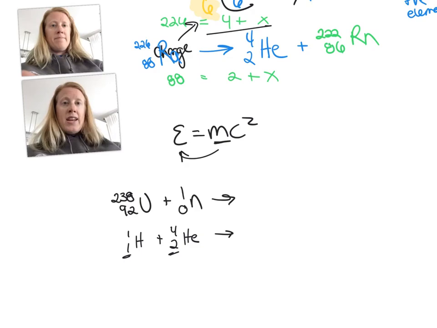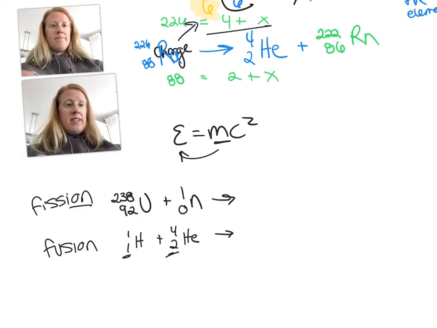So the uranium nuclei, let's go back up to fission. Let's say this is fission. And this is fusion. So the uranium nucleus gets hit with a neutron, and it breaks apart into 2 smaller nuclei. Now, I don't remember these numbers, so I'm going to do the best I can. It depends.